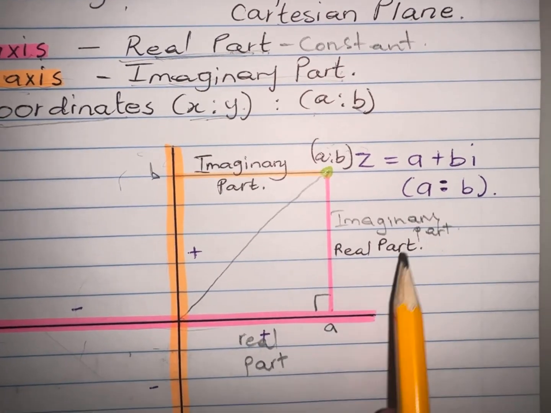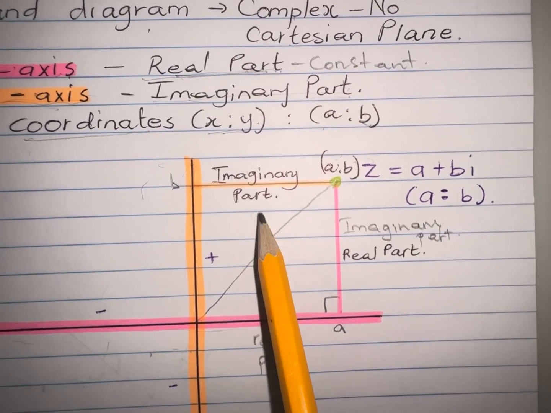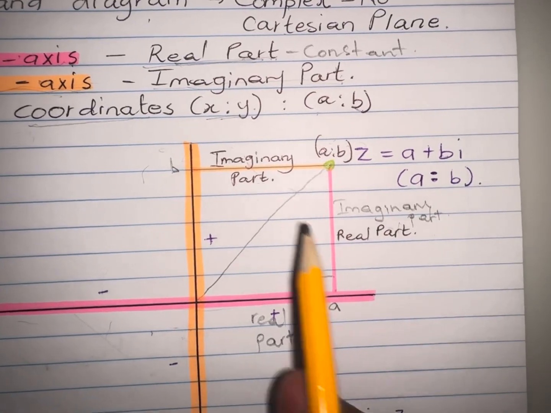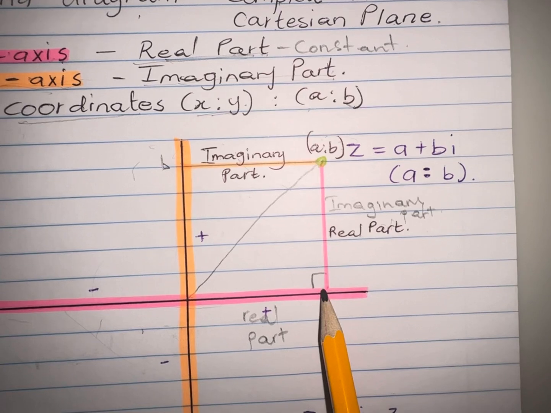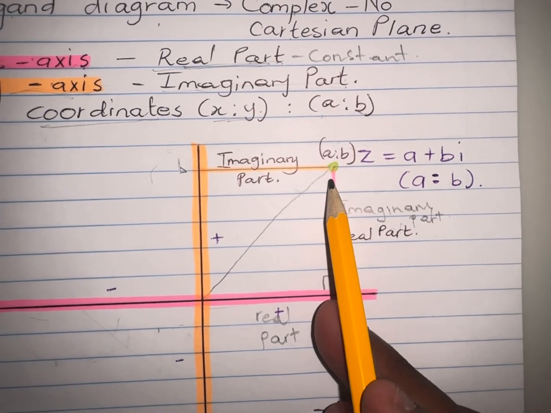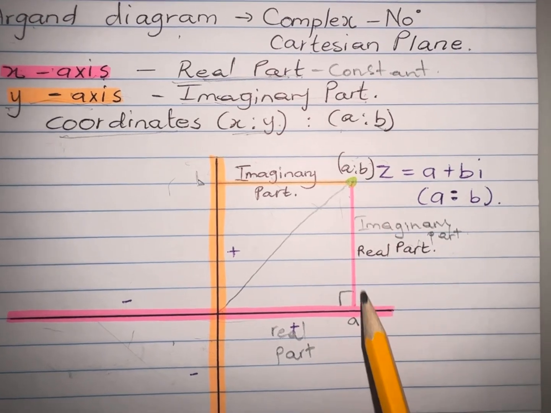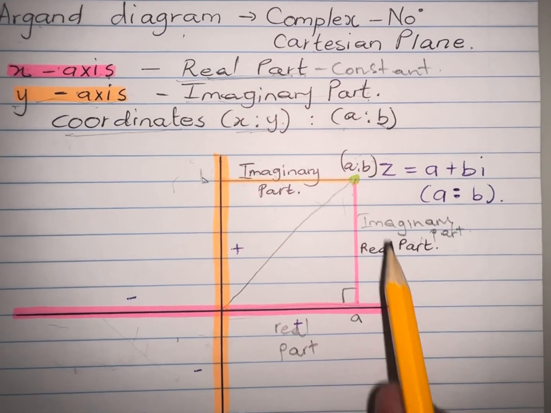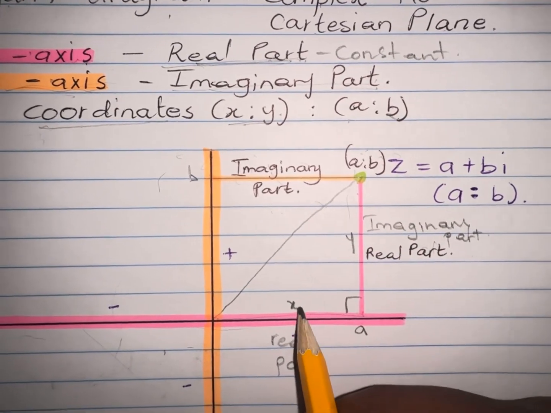Let me explain why I wrote these two in the way that I wrote them: so that you can see that the imaginary part is moving vertically and the real part is moving horizontally. But that is not where the real part is. The real part is the x-axis and the imaginary part is the y-axis. So this is our y and this is our x.